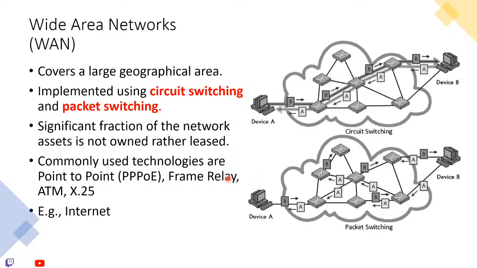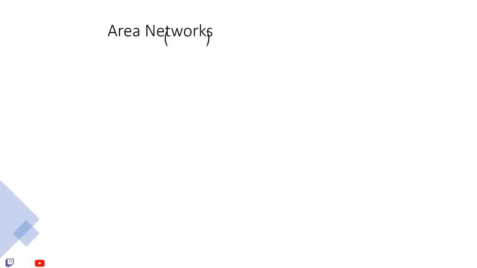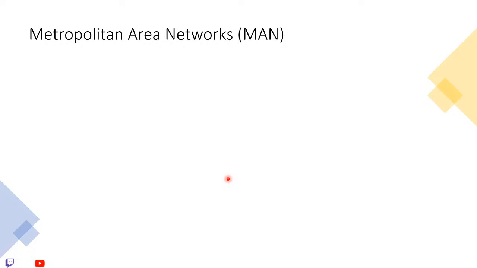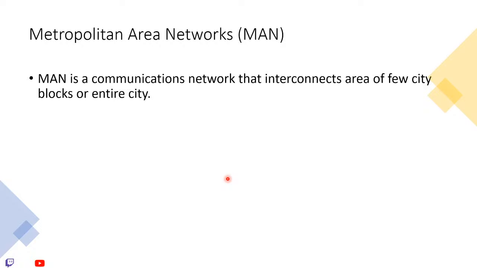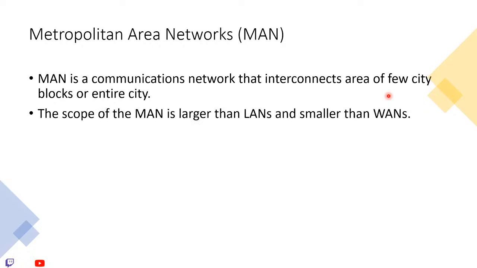So now coming up to the next, which is the metropolitan area network. MAN is a communication network that interconnects an area of a few city blocks or an entire city. Okay, this is as simple. The scope of MAN is larger than LAN and smaller than WAN. Okay, you can think like that.